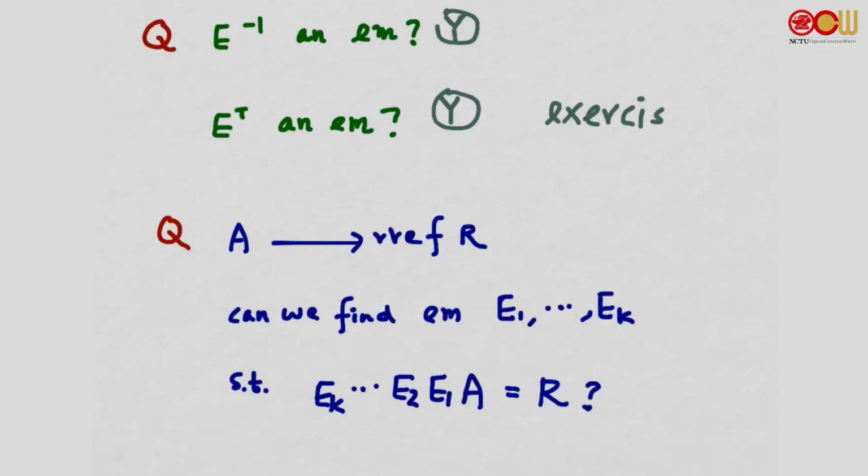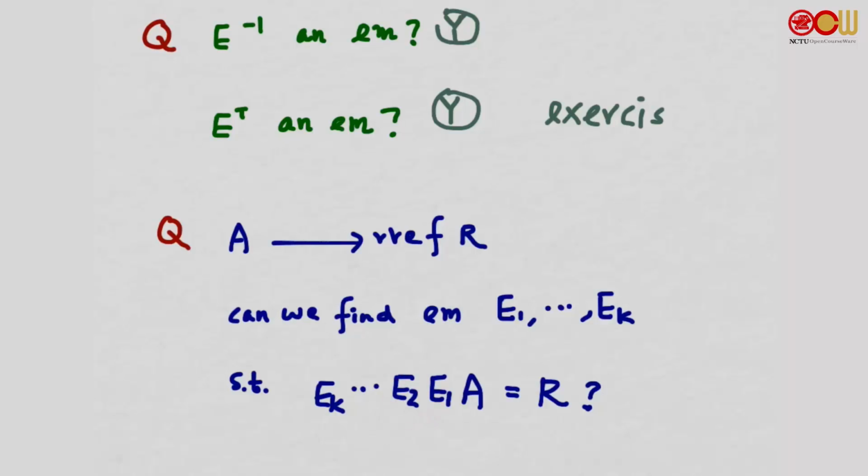Yes, indeed. Because we obtain R by a series of elementary row operations, and each elementary row operation can be represented using one elementary matrix.